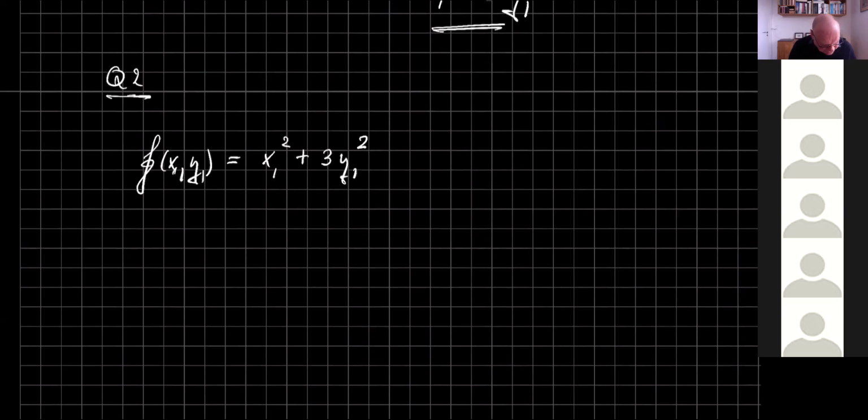And then I need plus minus 4, 2, and then times my change of base matrix, and then x1, y1, and then plus 2. So let's see what this amounts to.